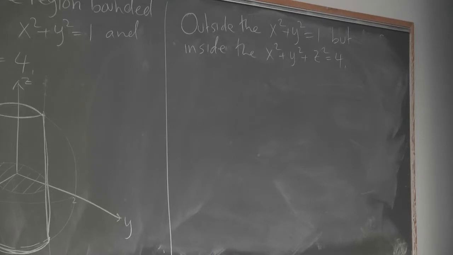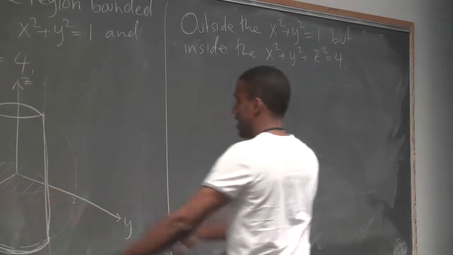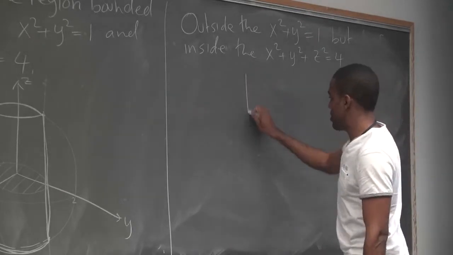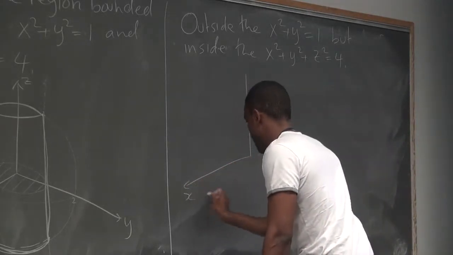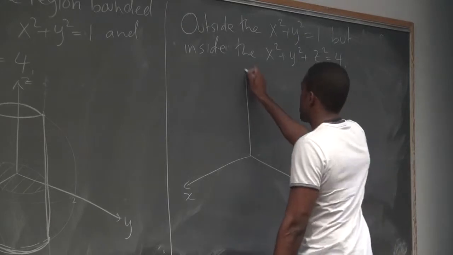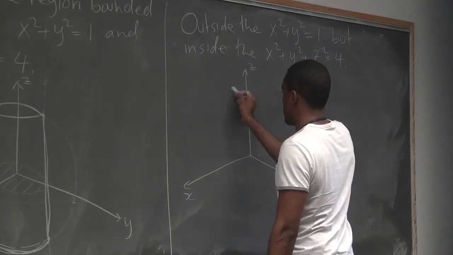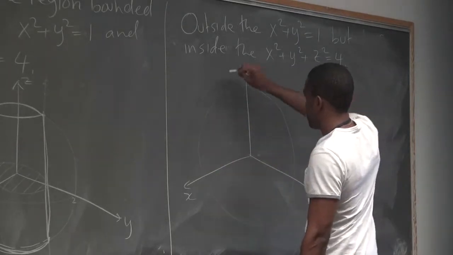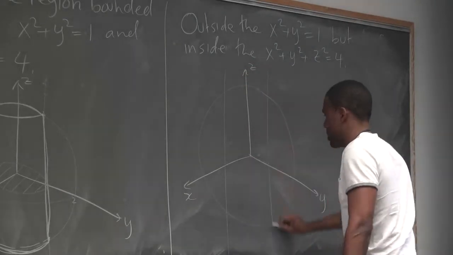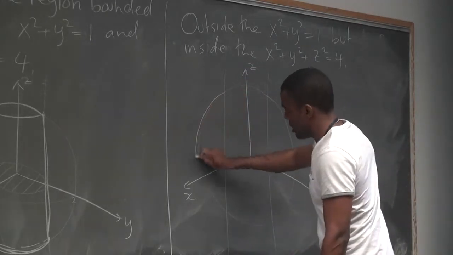Well, then it would be those two sections on the outside, two sections that we didn't include this time. So this is x, this is y, this is z. We have that sphere happening, we have this cylinder happening. So it would be now I only want the two half moons outside.